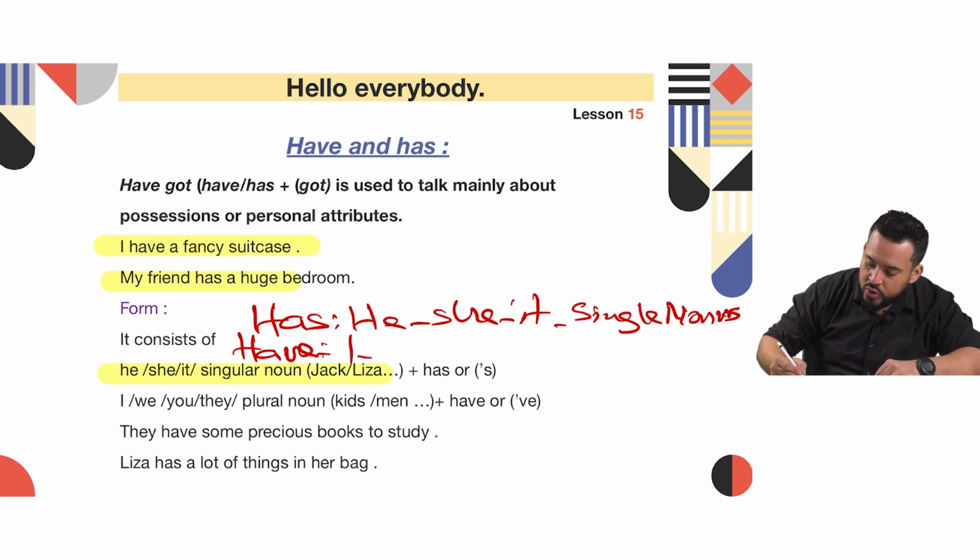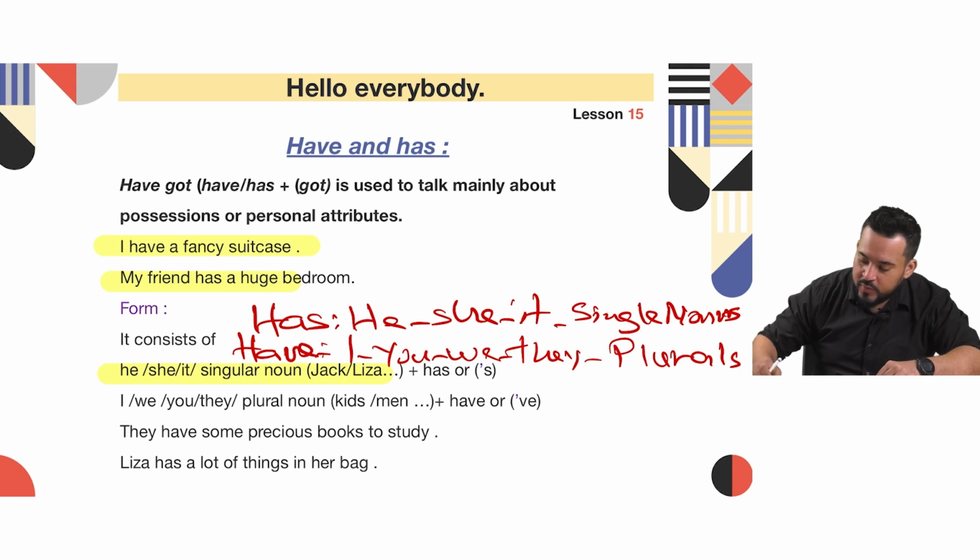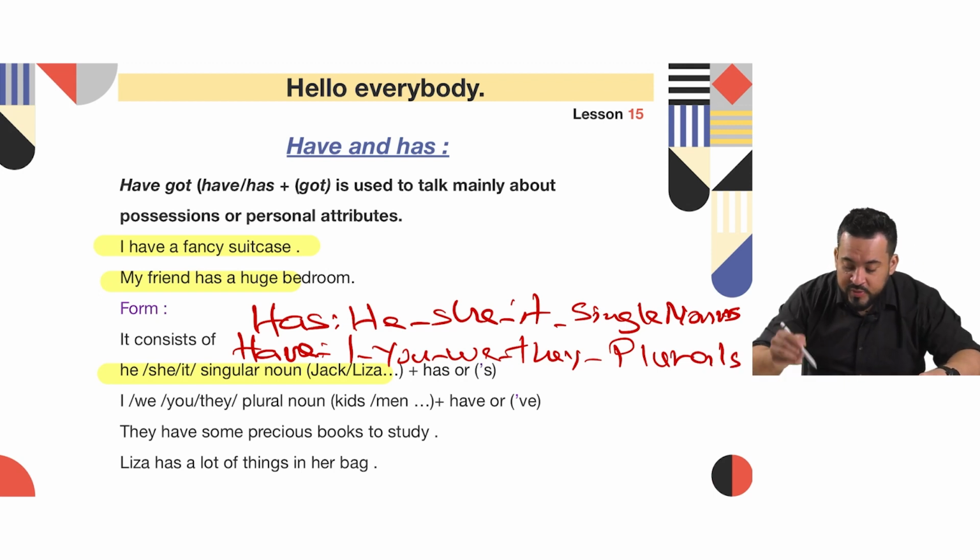I, you, we, they, and plurals. Okay? So, you must remember this too. Has is with single or he, she, it. Have with plurals, and I, you, we, they, plural nouns. Okay.